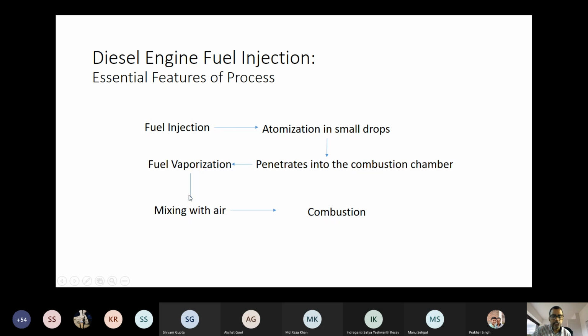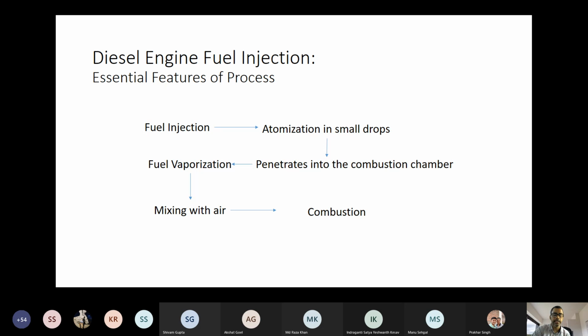If you see the instantaneous or local distribution of the air fuel ratio inside the combustion chamber, it can vary. In some zone of the combustion chamber, you might find it within the combustible range or stoichiometric. In some zone it is a very lean mixture, or somewhere it is a rich mixture.